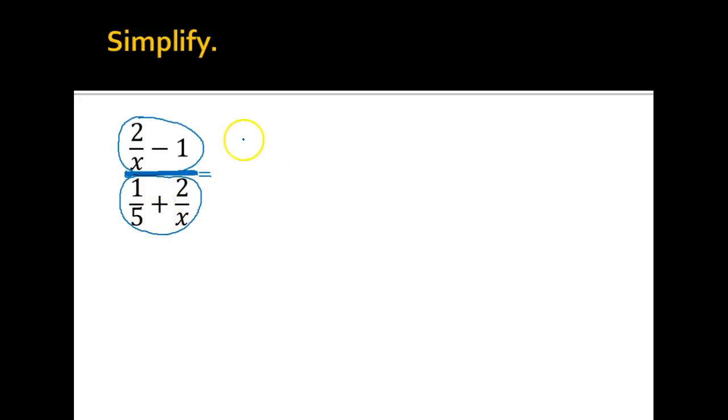Okay, so in the numerator we have 2 over x minus 1. Now we can't subtract 1 from that, but we can turn 1 into a fraction by putting 1 over 1. And then we can turn 1 over 1 into a fraction with the same denominator by multiplying the numerator and the denominator of that fraction by x.